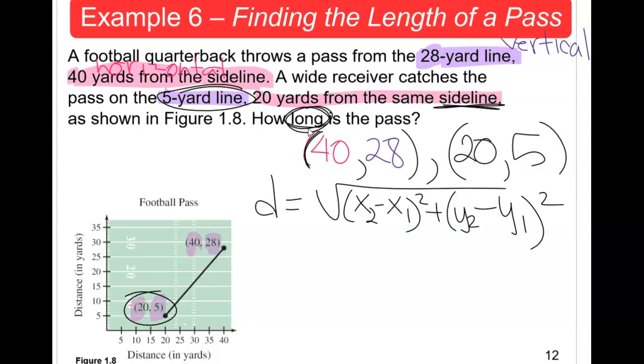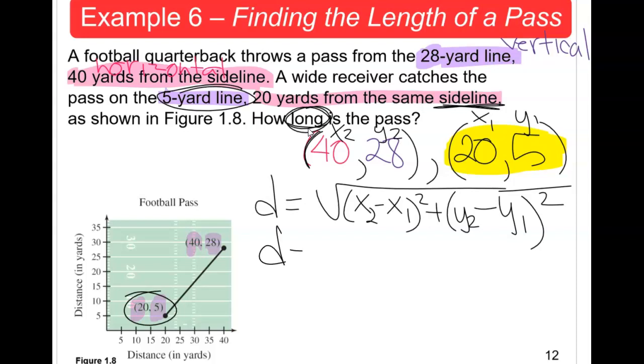Okay, so we're gonna go ahead and take this point as our x sub 1, y sub 1, just so you know that you don't have to pick the first point to always be x sub 1, y sub 1. So this will be x sub 2, y sub 2.